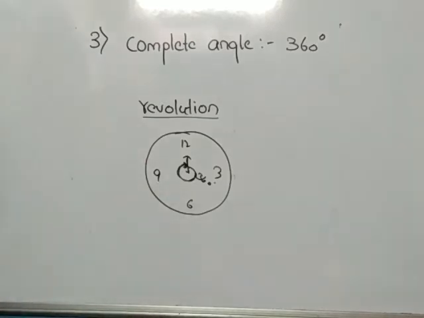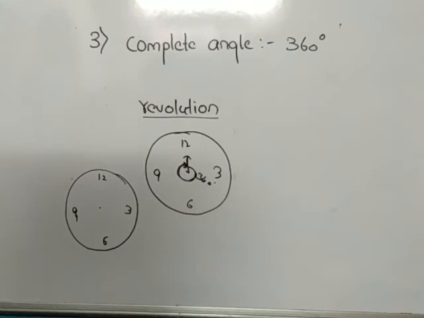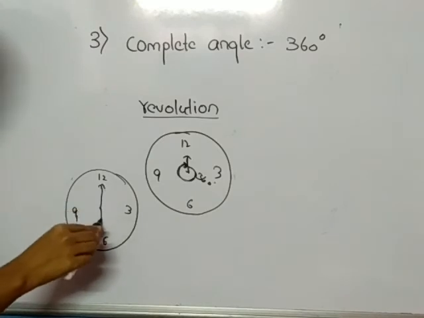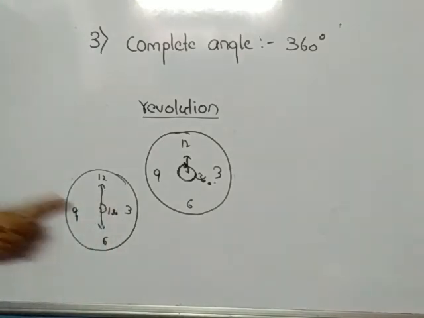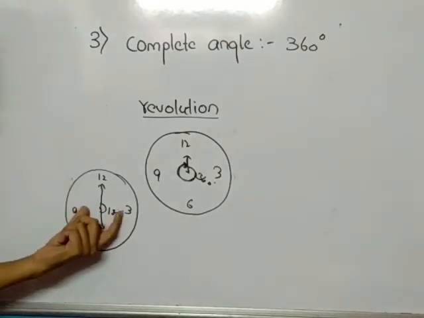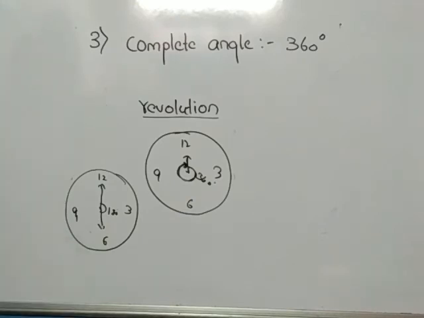Okay. Now we will see some more examples to make a complete angle. If I consider a straight angle, as I told, the angle between the two rays or the two hands will always be 180 degrees, isn't it? So here I am going to say that to make a complete angle, we require two straight angles.